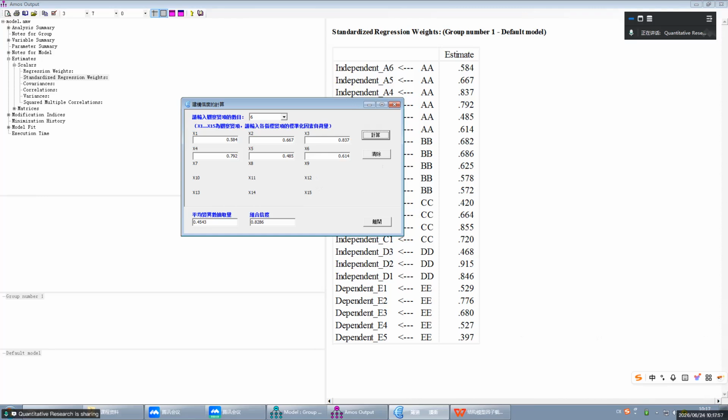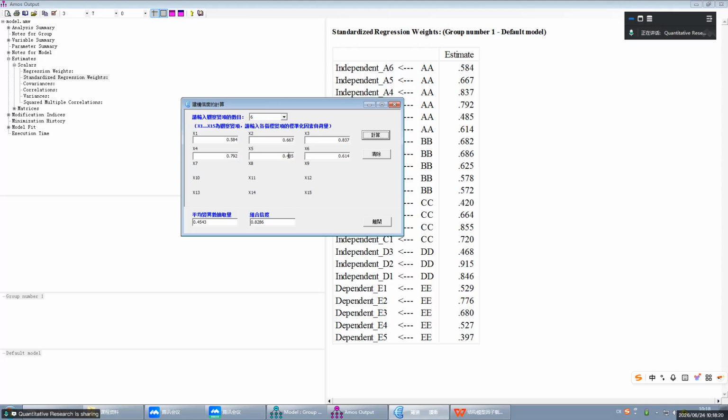So if you want to meet the requirements in your data analysis, your factor loadings should be large enough. Okay, how about this?